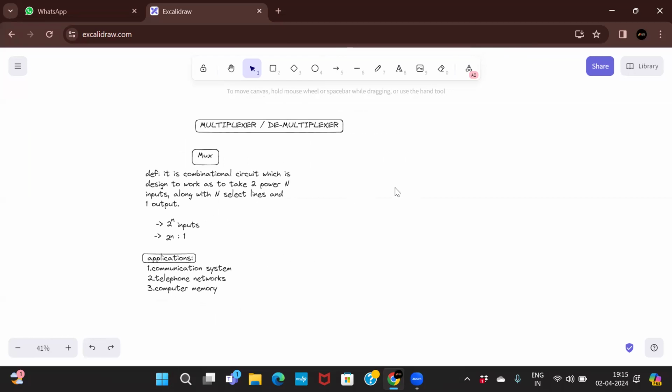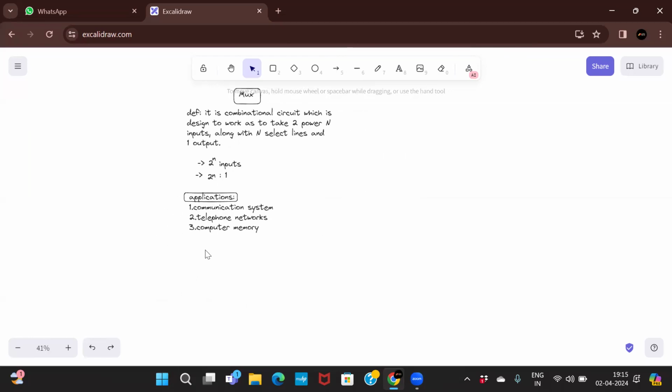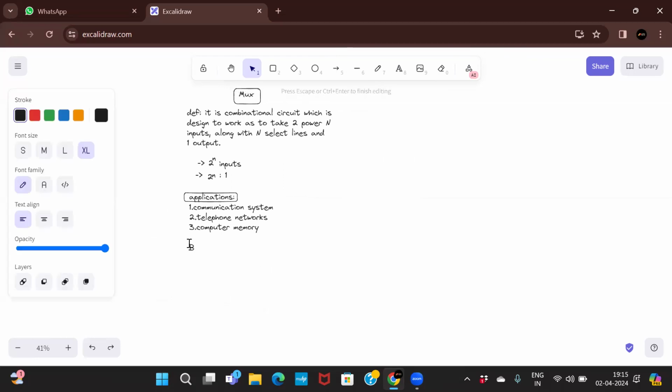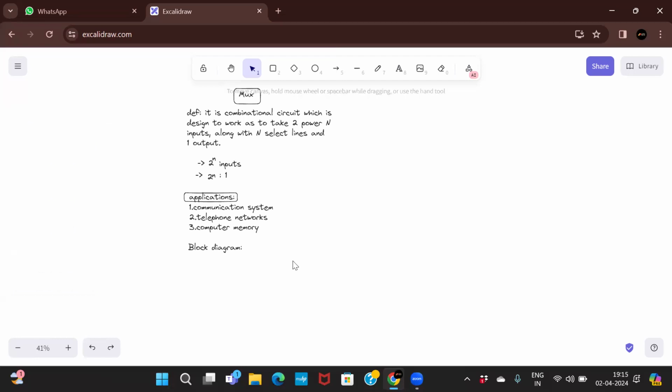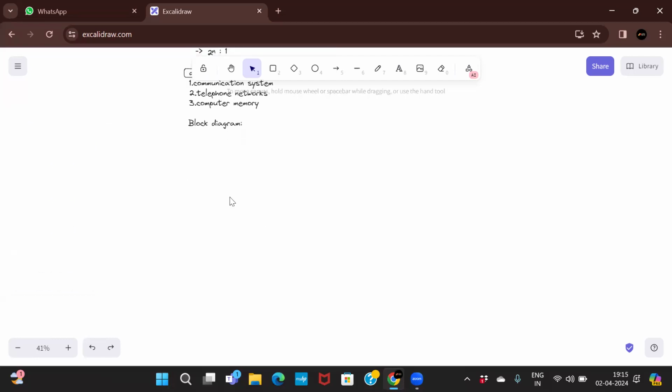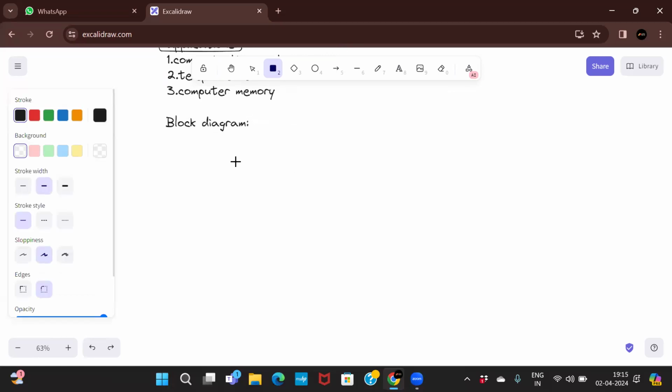Similarly, the block diagram for the mux. Consider a box.